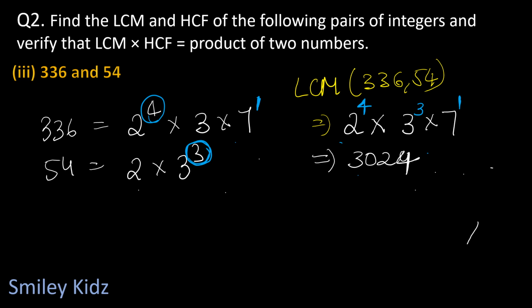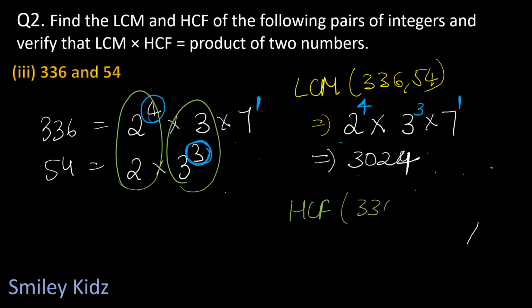Now wait, we are yet to find out the HCF of the numbers. What is the HCF? The common factors, and we clearly can see that 2 and 3 are the common factors, and we are going to find the product of their least powers. So the HCF of 336 and 54 will be equal to what? Is 2 to the power of 4 greater, or 2 to the power of 1 greater? 2 to the power of 4 is greater, isn't it?